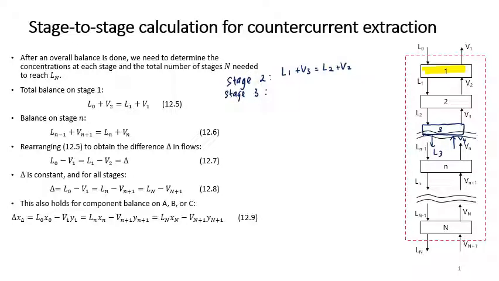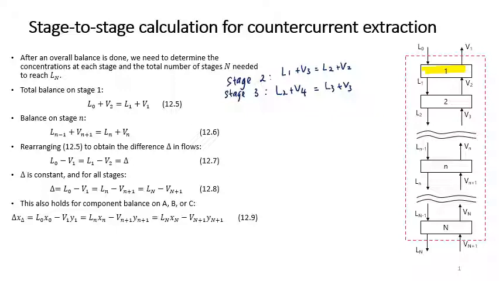For stage 3, input equals L2 plus V4, equal to output L3 plus V3. And if you do it for stage N, I'm just going to delete this stage 3 and focus on stage N for the time being. For stage N, input is L sub N minus 1 plus V sub N plus 1 equals L sub N plus V sub N.